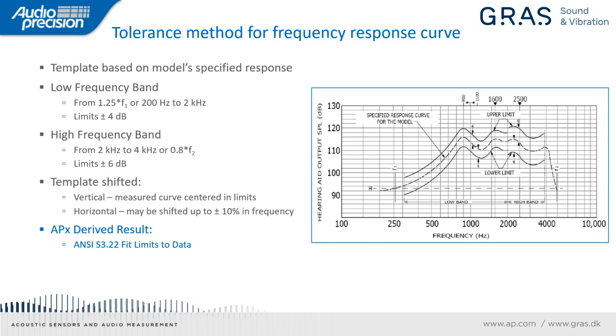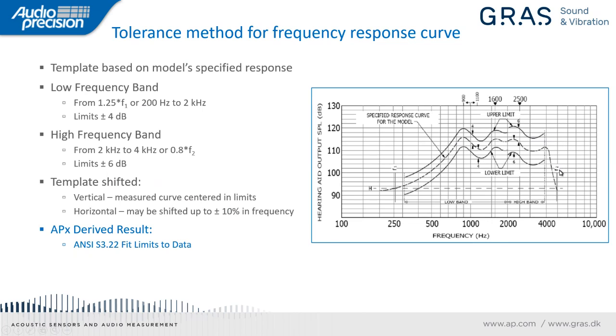So we have a low frequency range, which extends from 1.25 F1 or 200 hertz, whichever is higher, up until 2 kilohertz, and the limits within that range are plus or minus 4 dB. And then at the higher frequency range, it's 2 kilohertz to 4K, or 0.8 times the F2, whichever is lower. And in this upper range, the limits are plus or minus 6 dB. So you can see the limits are plus or minus 4 in the lower range and plus or minus 6 in the higher range.